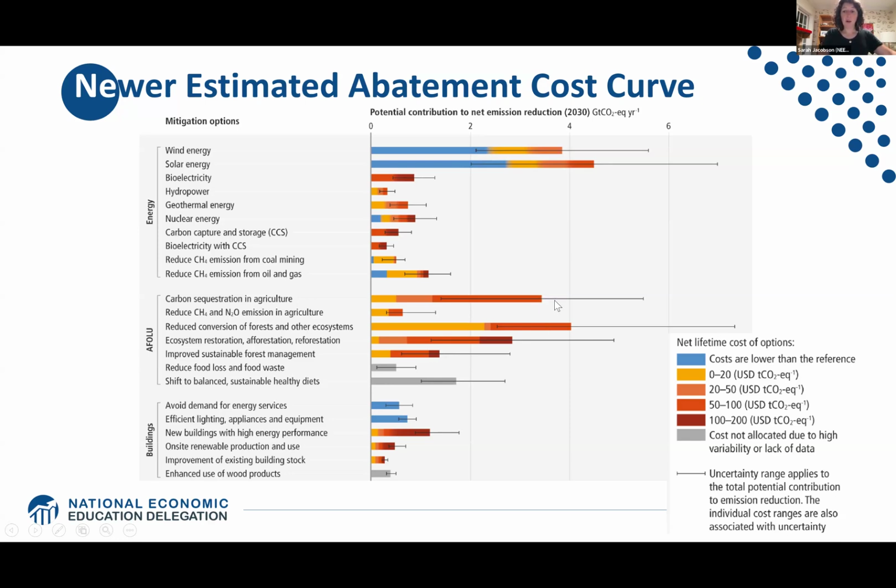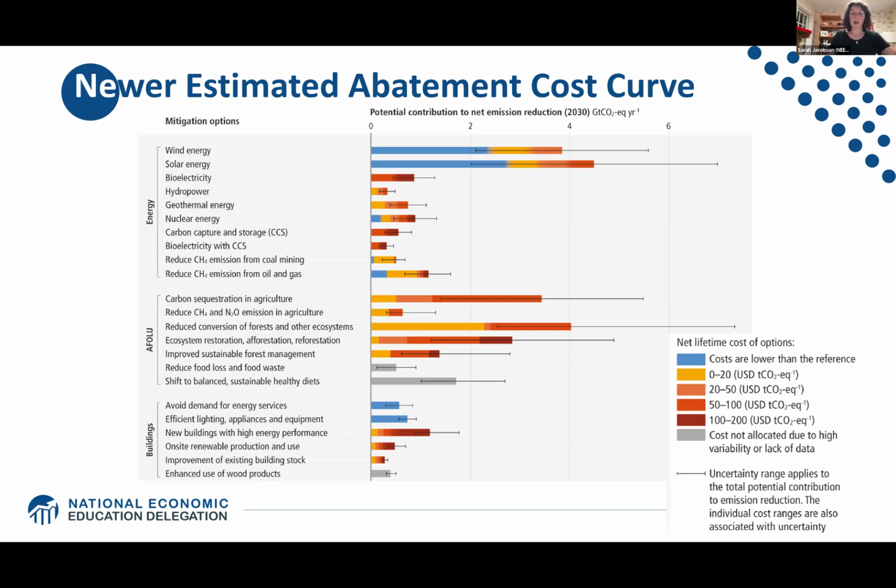There are other opportunities that are widespread that are more expensive. Many of the opportunities that relate to land use have a lot of potential, but are projected to be relatively expensive. Some things related to buildings, so I mentioned a minute ago in response to Stan's question, energy efficiency. You can see efficient lighting and appliances. This is seen to be in the money right now, as well as avoided demand for energy services, which is basically using less energy.